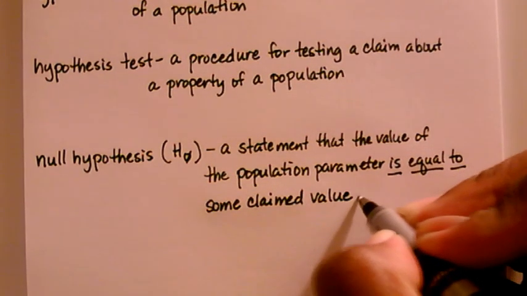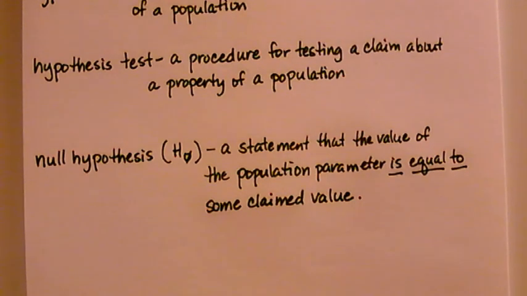So the null hypothesis is a statement that the value of that population parameter is equal to some claimed value.